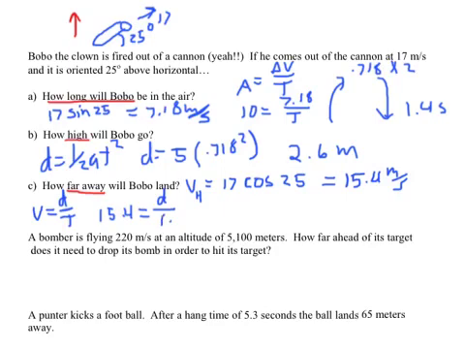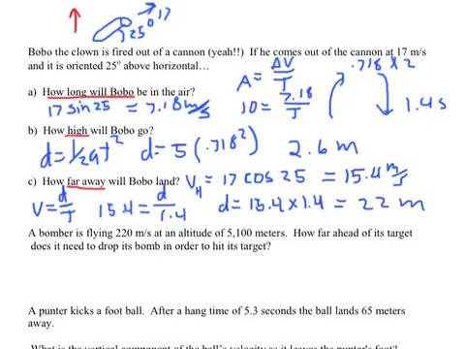So that's 1.4 seconds. Now, to solve for d, I have to multiply both sides by 1.4. So distance equals 15.4 times 1.4, and therefore the distance is going to equal 22 meters away. Go Bobo.